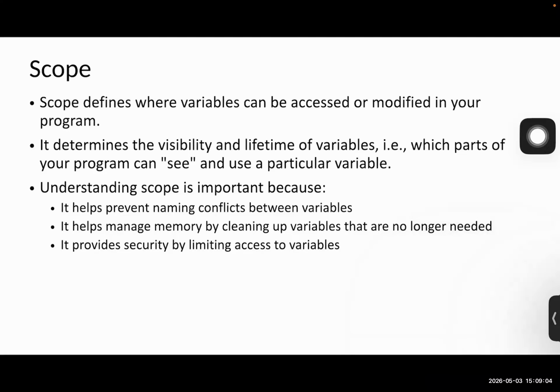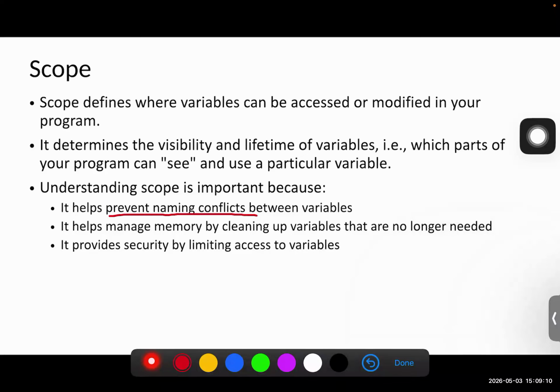Now, scope is very important because it helps us prevent conflict with names. You will not create a variable called int A, and then another variable called int A, and then another variable called int A. If you do that normally in programming, it will not work.